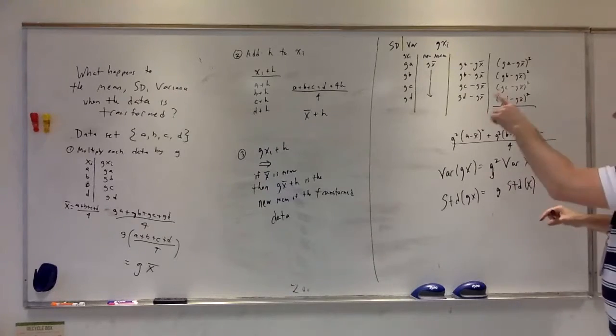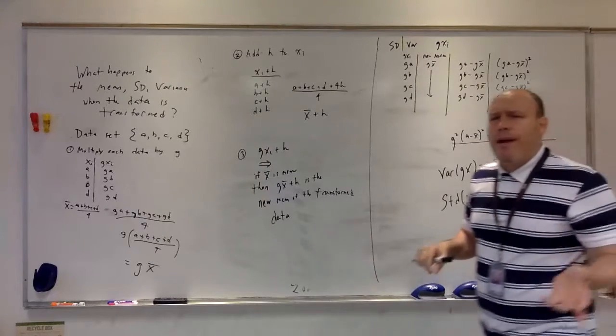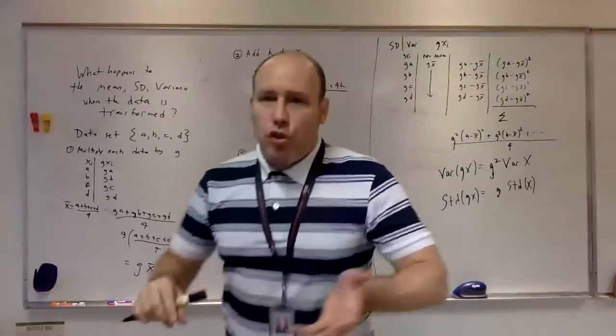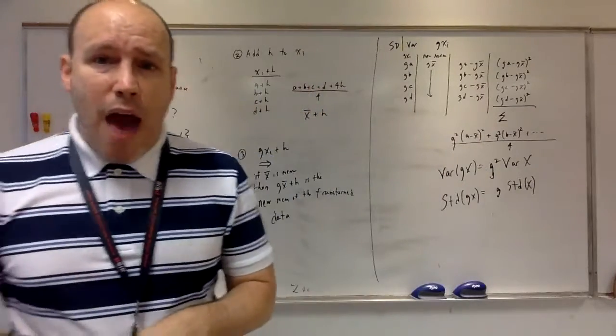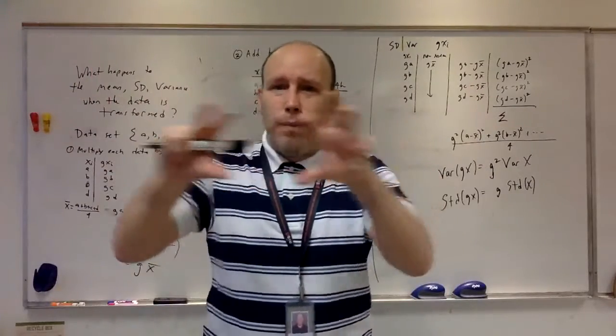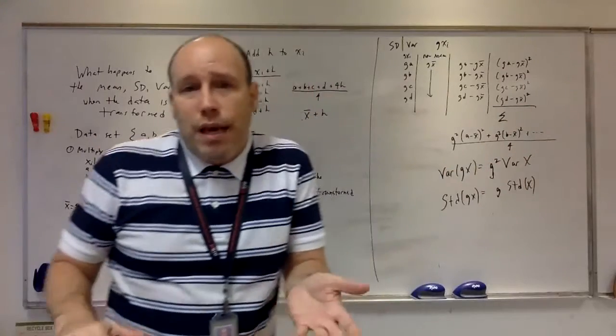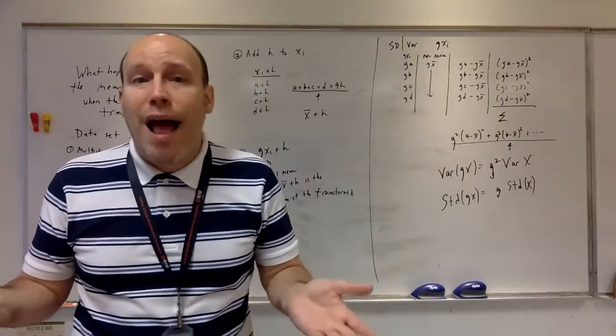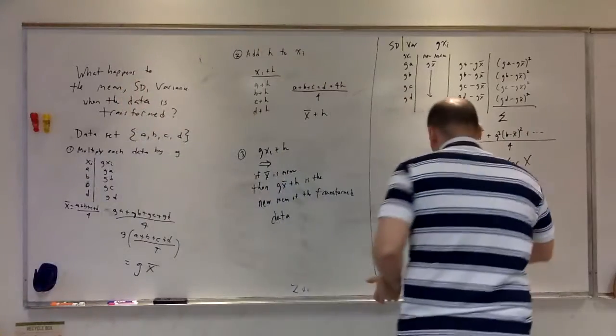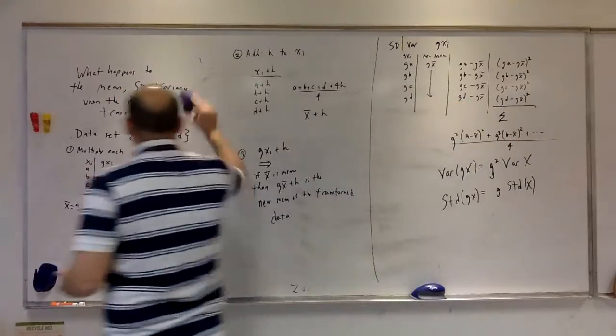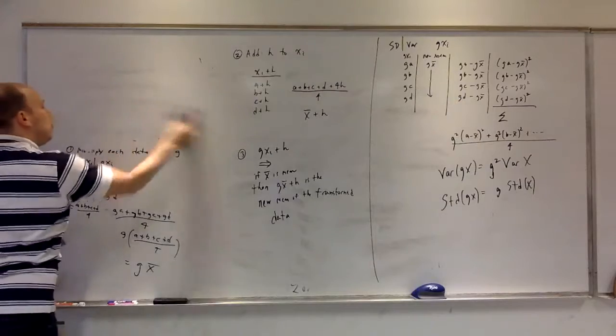What's going on if we shift everything? What do you think happens to the variance? If we shift something over, have we stretched it at all? And so the answer is nothing happens with a translation. Nothing happens with a translation.